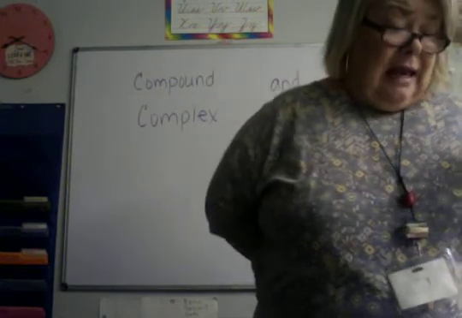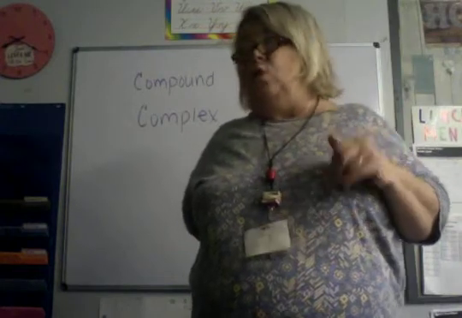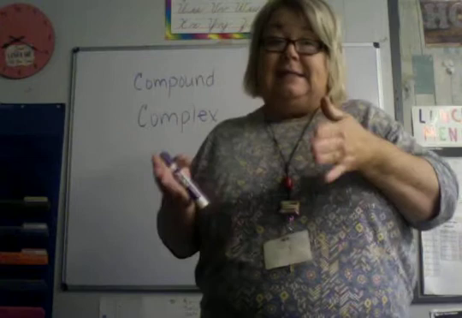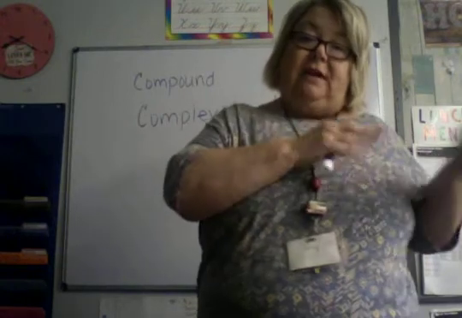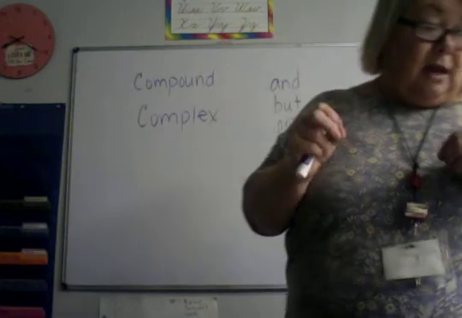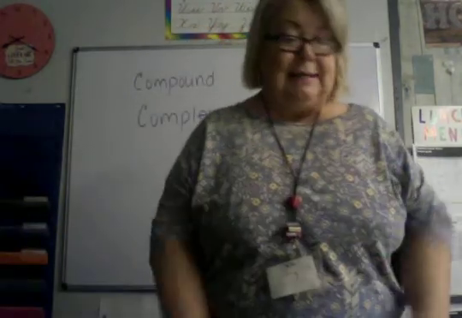And then while he was in school. While he was in school can't stand alone, okay? That means it's dependent. It needs the help of the other clause in the sentence. So because of that, we have one independent clause at the beginning and we have a dependent clause. So that means it's a complex sentence.